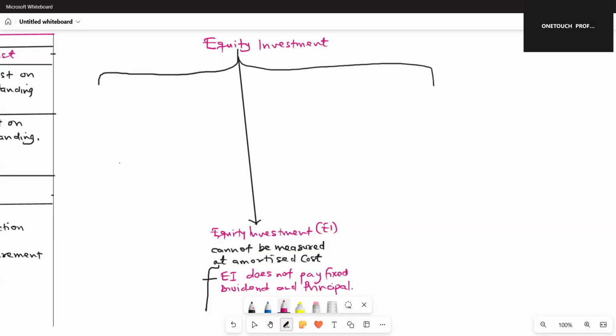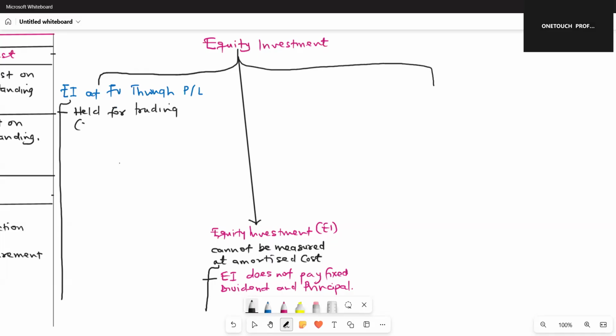So let's look at it. Number one, we have equity investment at fair value through profit or loss. If it is held for trading, it's the same as holding an asset for speculation purpose.